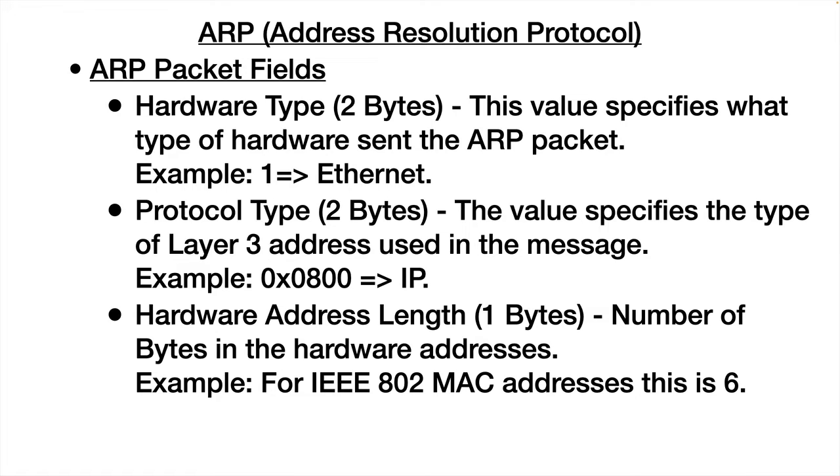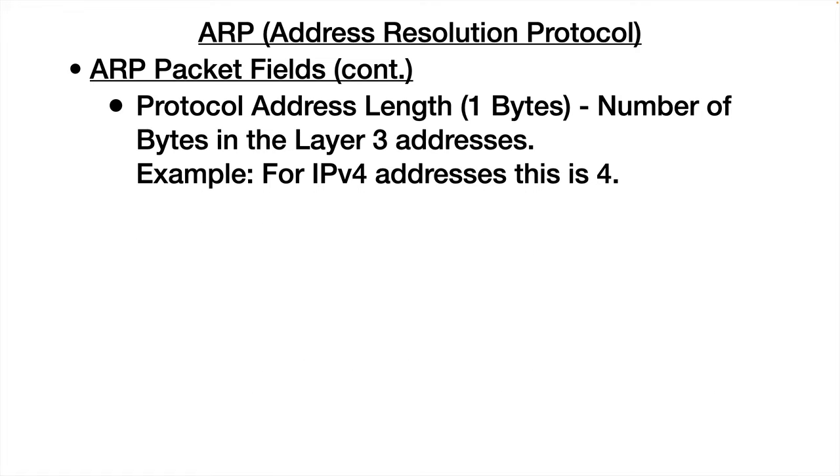I think I've mentioned this before, but IEEE is the Institute of Electrical and Electronics Engineers, and IEEE 802 is a set of standards for computer networking. The protocol address length is the number of bytes in the layer 3 address, and for IP version 4 this is going to be 4 because 32 bits is 4 bytes.